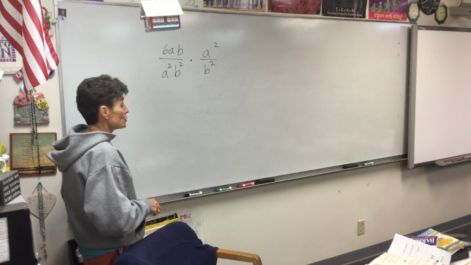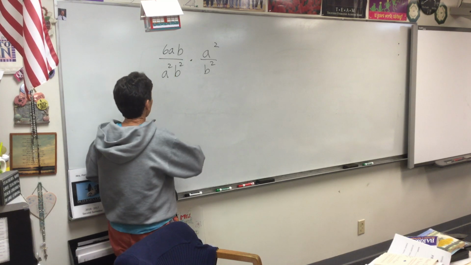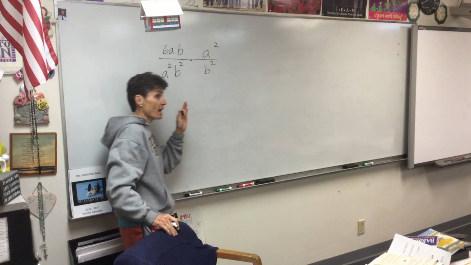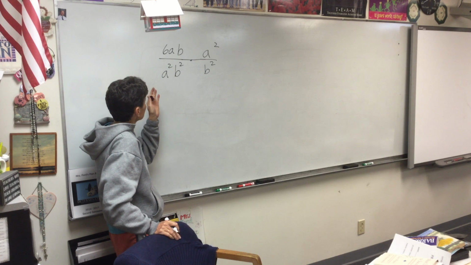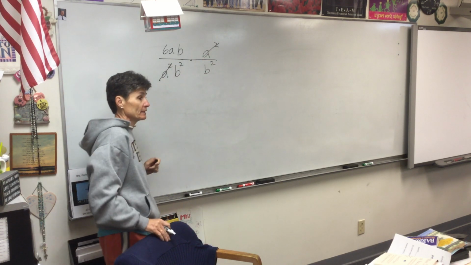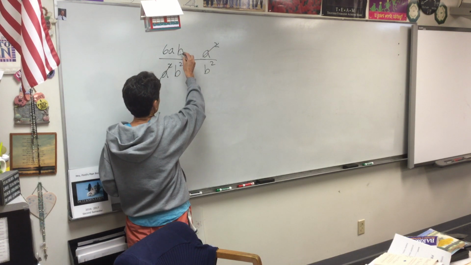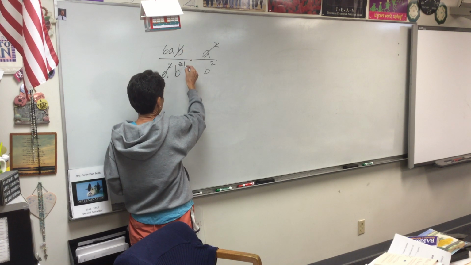simplify. Okay, in a multiplication problem, you are allowed to connect things. So anything on the top cancels with anything on the bottom. If you want to cancel out this a squared and this a squared, you are perfectly able to do that. This b might cancel with one of those b's.